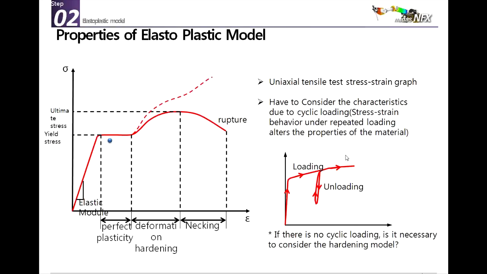When you are doing an elastoplastic model, you also have to think about loading and unloading in the model, and NFX manages this very well using subcases, so you can perform this loading and unloading in the same analysis. This is quite useful.